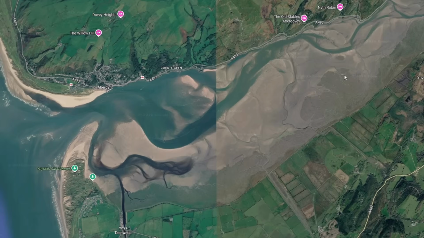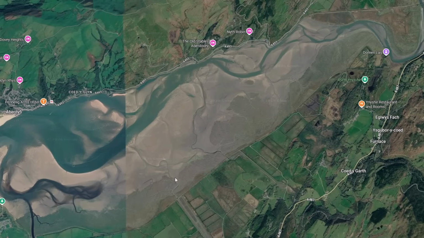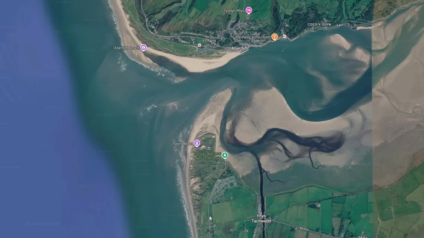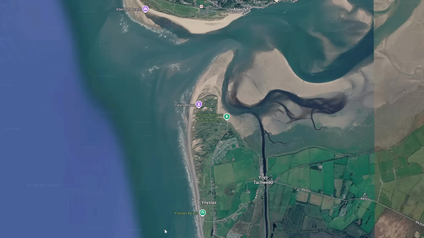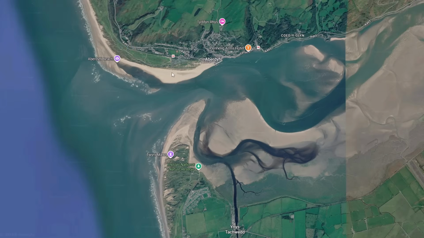You can also see the tidal flats that would be underwater during high tide, but revealed during low tide. And finally, you can see how we have this sandbar, which is extending upwards into the channel. And this is an example of the wave action bringing sediment up along the coastline, which slightly closes the channel.